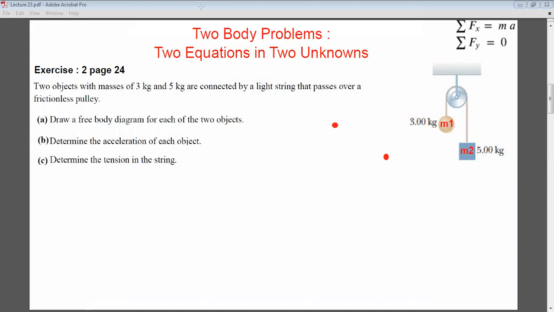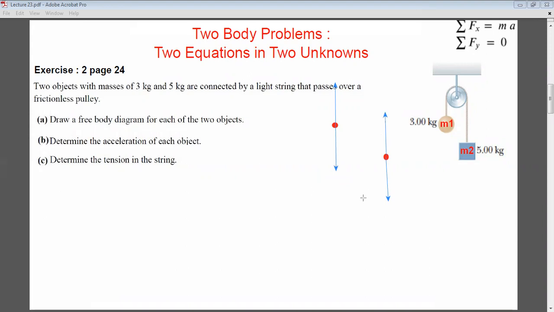The first one, the forces acting on it is, of course, W1. And then since there is a rope, there is tension 1. And then the second one, there is the weight 2 and tension 2.